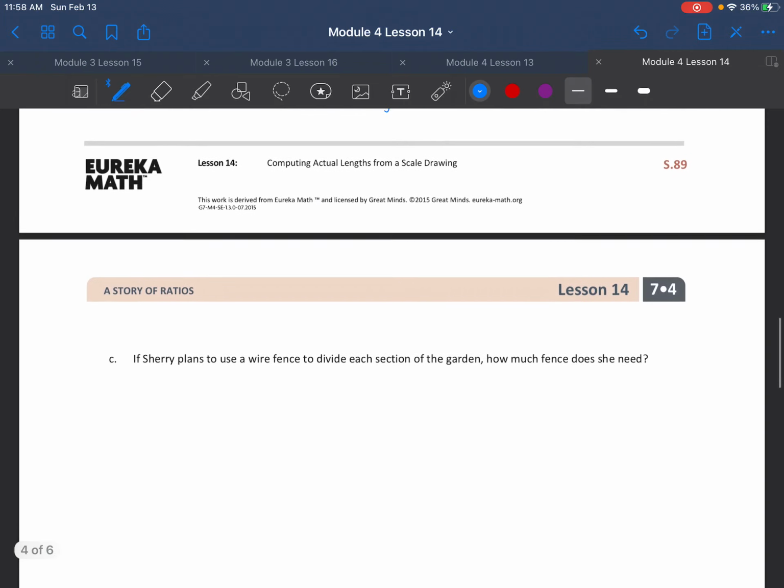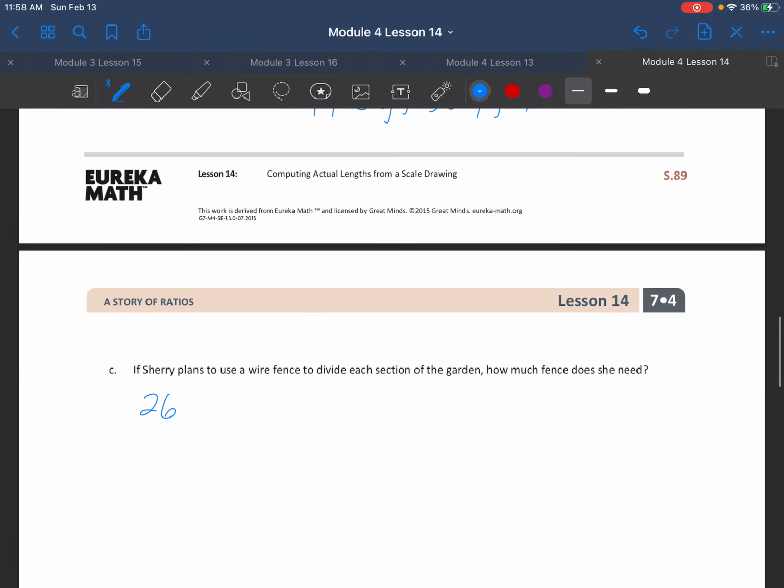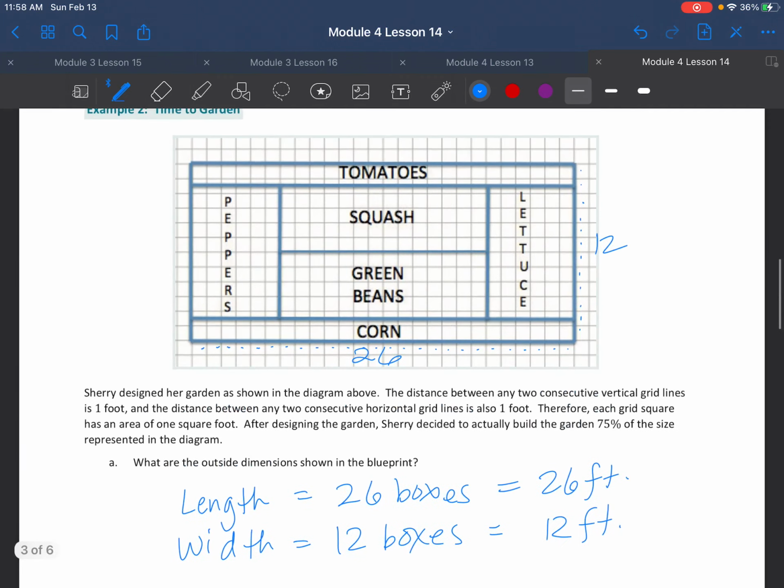So what if Sherry plans to use a wire fence to divide each section of the garden? How much fence does she need? Well, let's think about our image here. She's going to need one along the top and the bottom of the garden, and that's 26 times 4.